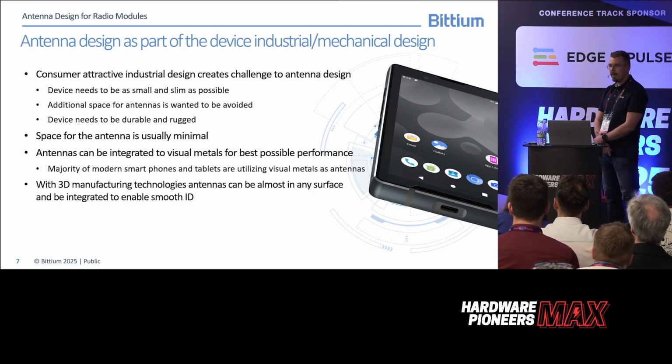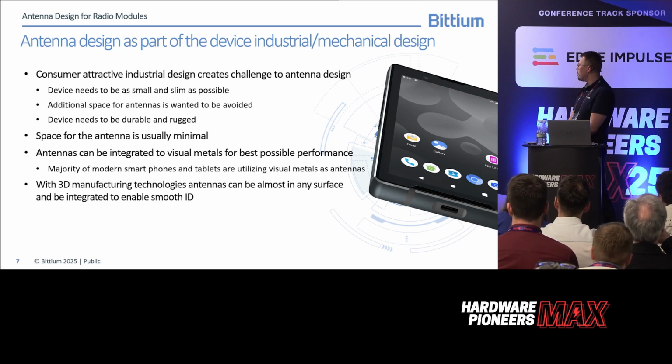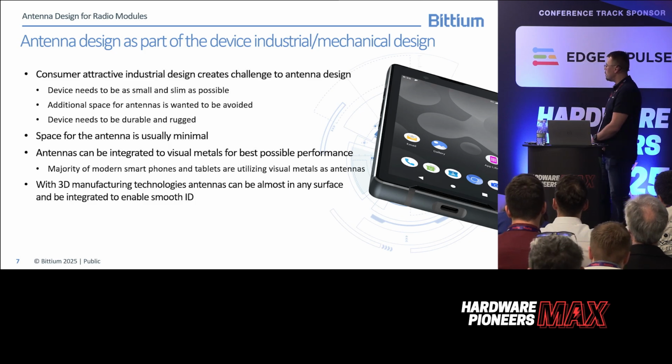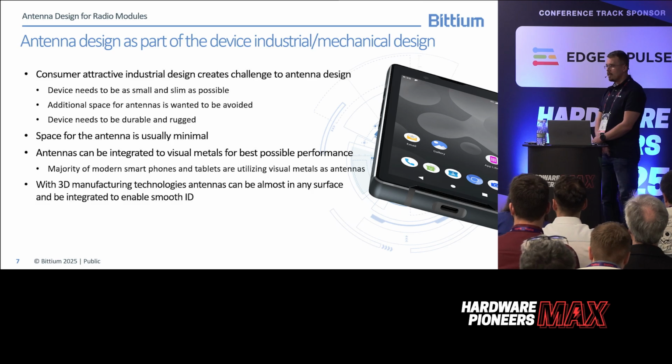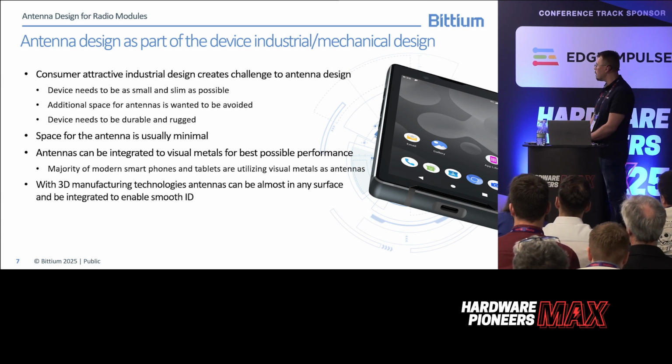So the space for the antenna is minimal, and in these cases you want to consider using the outmost metals or surfaces for the antenna, as you usually see, for example, in your smartphone. So the outmost metals are acting as part of the antenna, or are directly the antenna that is used for cellular or other communication.